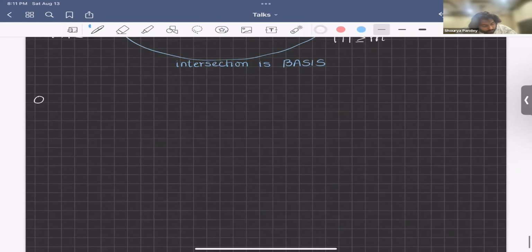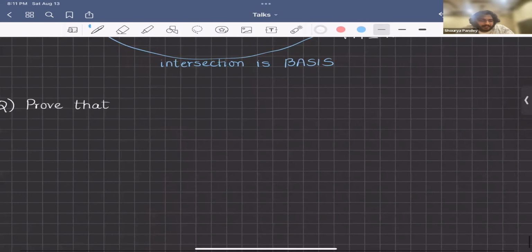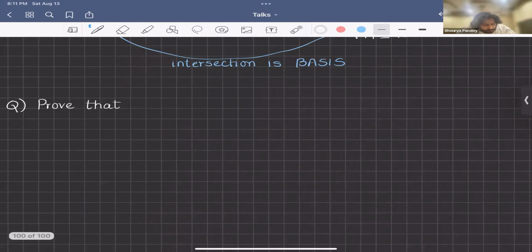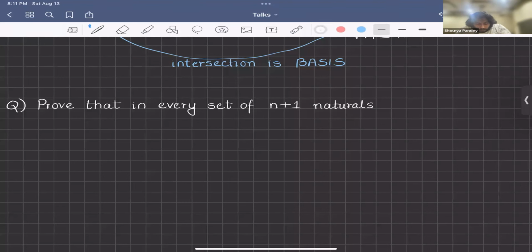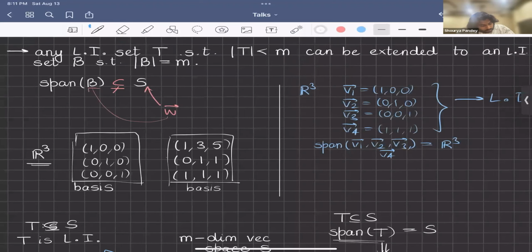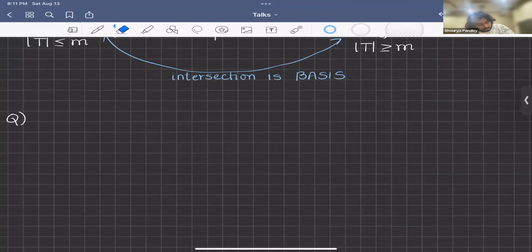Prove that, and just don't immediately tell the answer. Let's ensure everyone tries. Let me reformulate it.